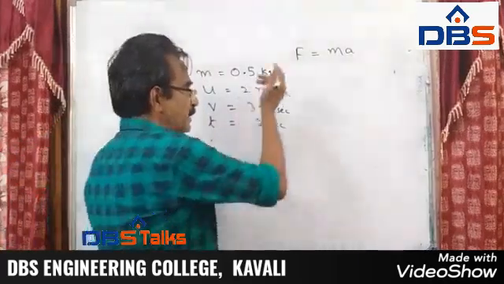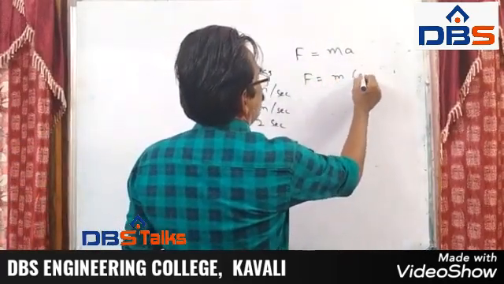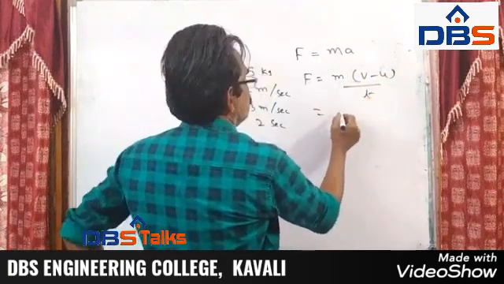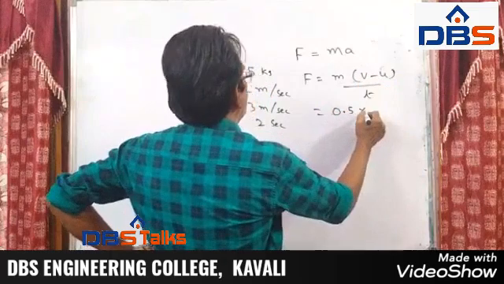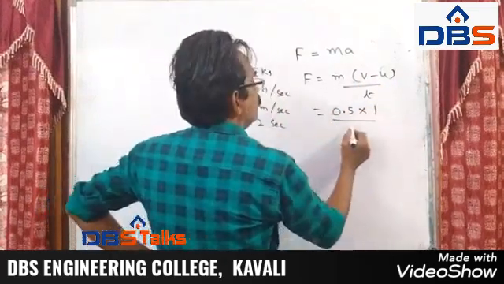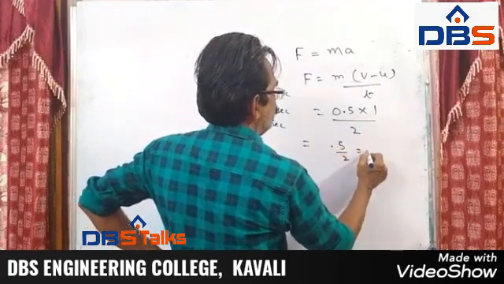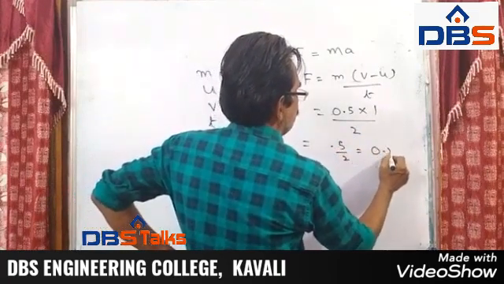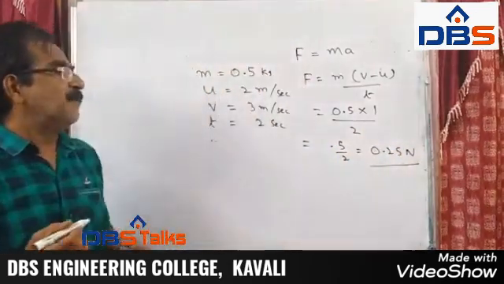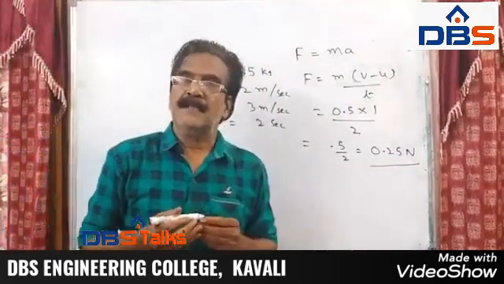In fact, m into (v minus u) by t: m 0.5 into (3 minus 2), 1, by time 2 seconds. So 0.5 by 2 means 0.25. 0.25 newtons force must be applied on this, friends.